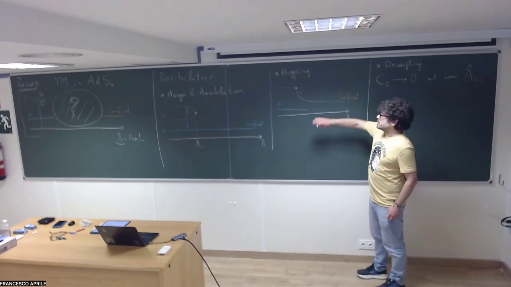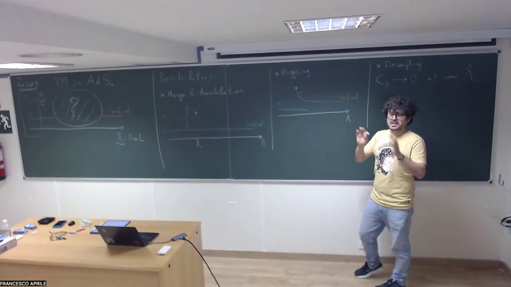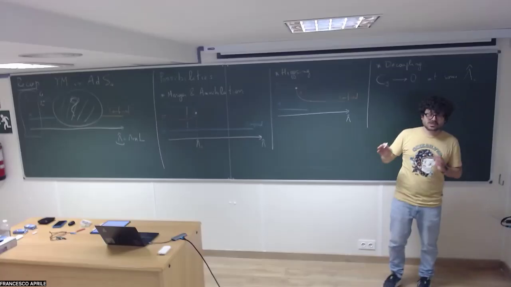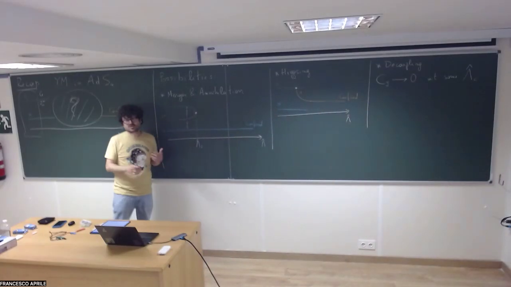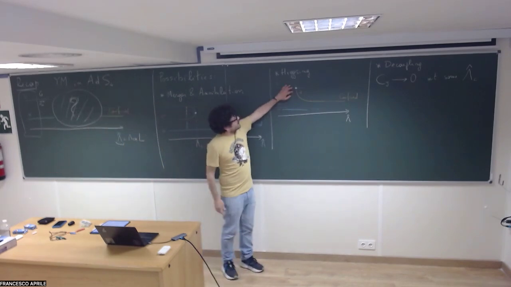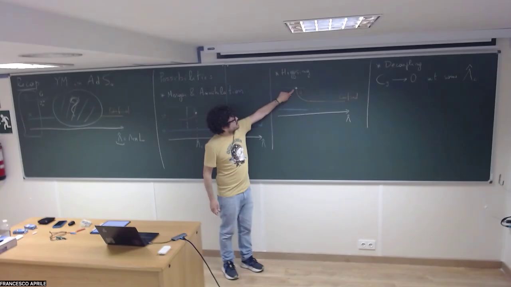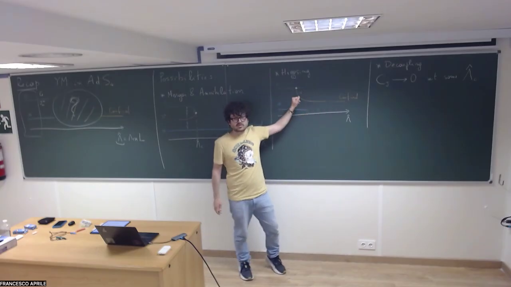Then another possibility is that, I mean, these possibilities are not really on the same level. They don't have the same explanatory power, but they are various things that can happen in between. One thing that can happen, which makes the picture a little bit more complicated, but we need to be open to it, is that from the Dirichlet boundary condition a new line opens up, one in which I have a kind of Higgs mechanism.